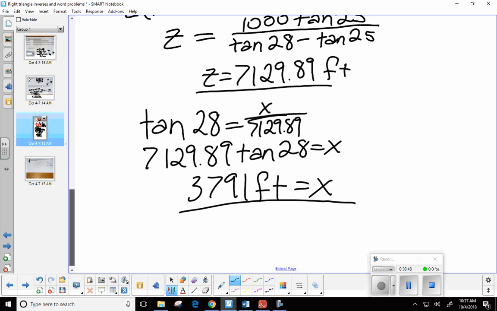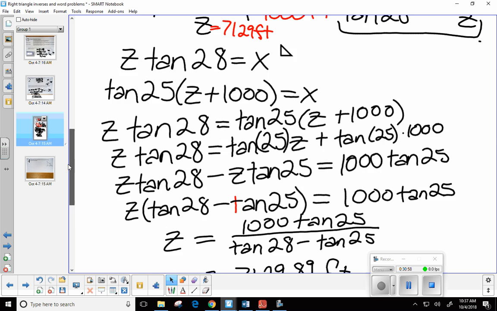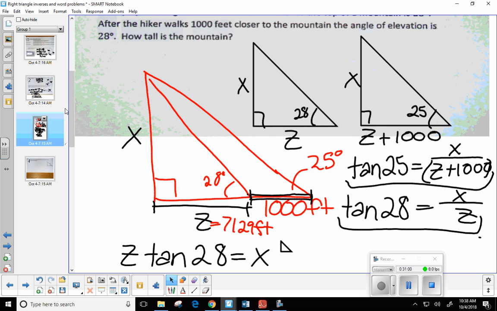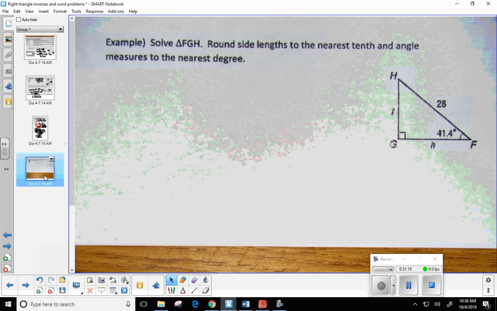That makes sense, right? You could have done it with the other triangle, with the angle 25, just add 1,000 to it, but this way you can cut out one more step. And so that's nice. So we got it? Okay. Cool.